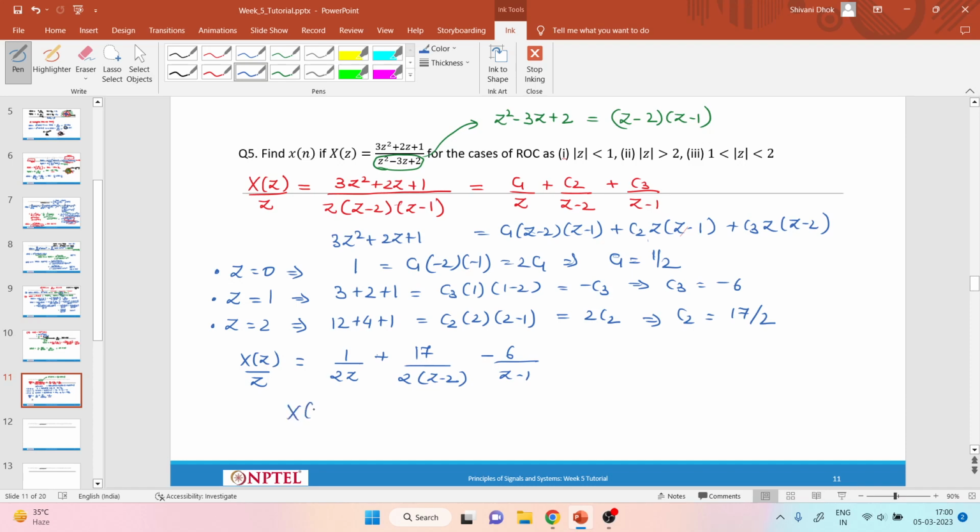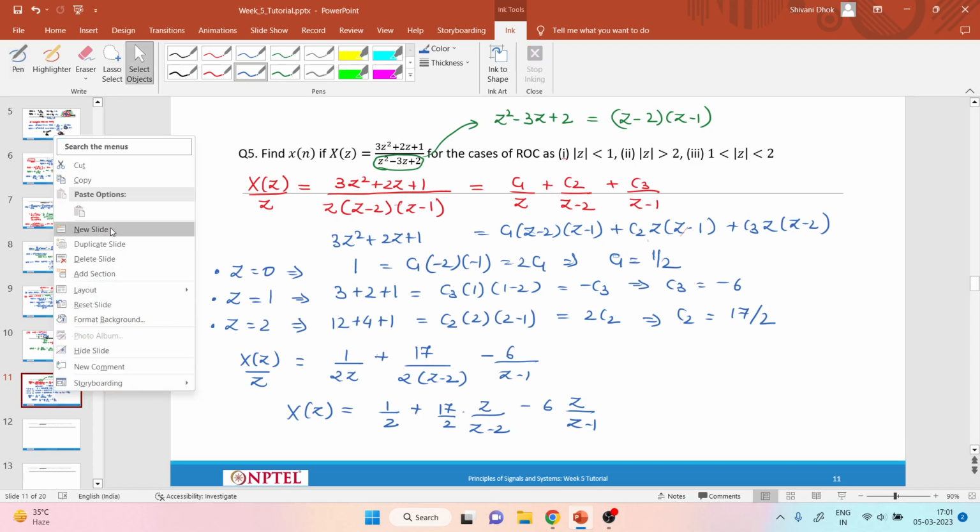Therefore, the Z transform x of z using partial fractions can be reduced as 1 by 2 plus 17 by 2 into z upon z minus 2 minus 6 into z upon z minus 1. So this is the x of z that we have obtained.